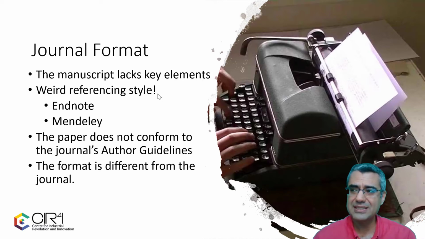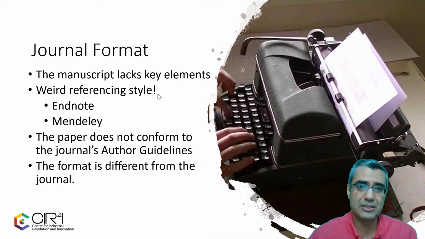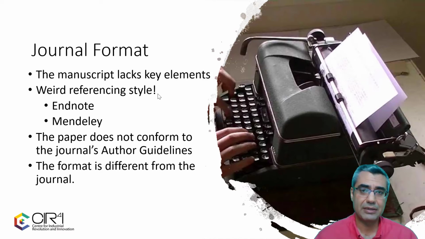So sometimes when I see a very weird referencing style, I assume that this person has not even read enough number of papers because it's not familiar with any of the referencing styles, right? So I would reject the paper when I see these type of formatting issues. My suggestion is use EndNote or Mendeley, these referencing management software packages.